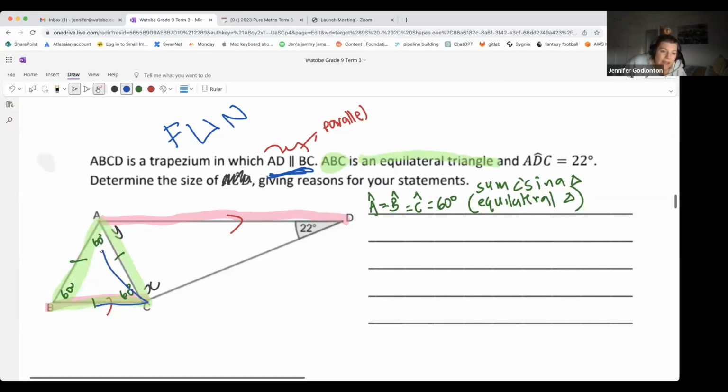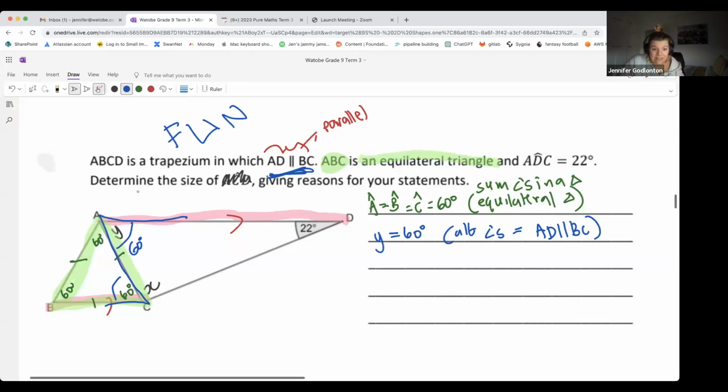If you have a look here, this line to this line to this line, there's a Z, right? Which means that Y is going to equal 60 degrees. So we can say Y is equal to 60 degrees because alternate angles are equal when AD is parallel to BC. So now we know that this is 60.